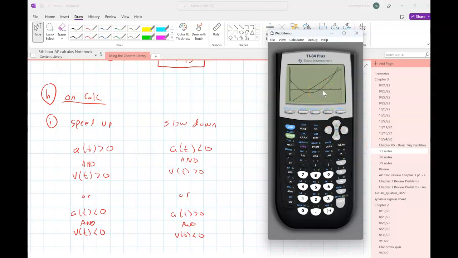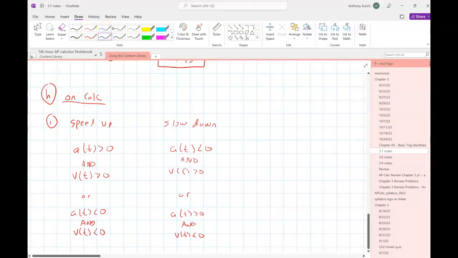If I take a look at this, the only place where velocity is positive and the acceleration is positive starts happening at t equals 3, right? We already solved for that. So after time 3, we're speeding up for sure.